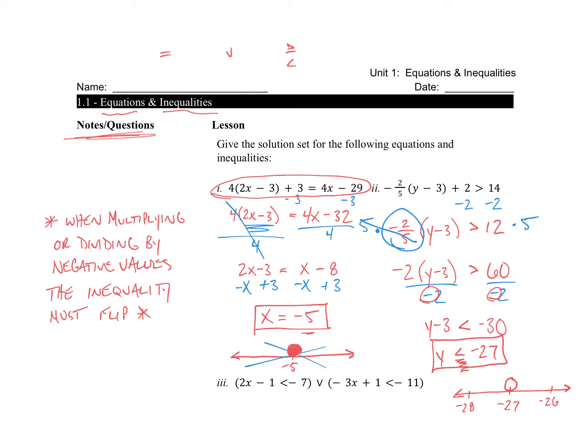Over here, I don't want to include negative 27 because we're only talking about numbers less than negative 27. So I would draw an arrow this way, showing that my solution is all the values less than negative 27, not including negative 27. This may be a good time to make a note of when to use the open circle and when to use the closed circle.